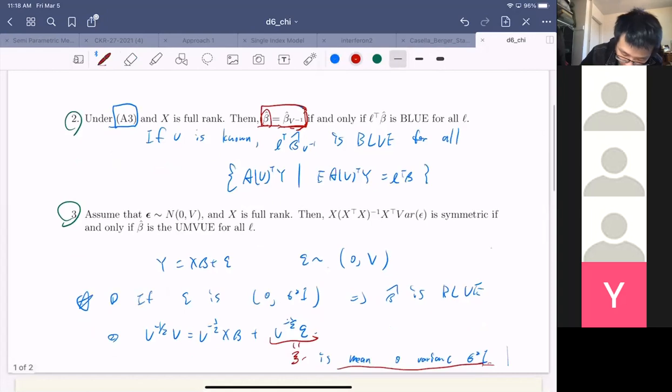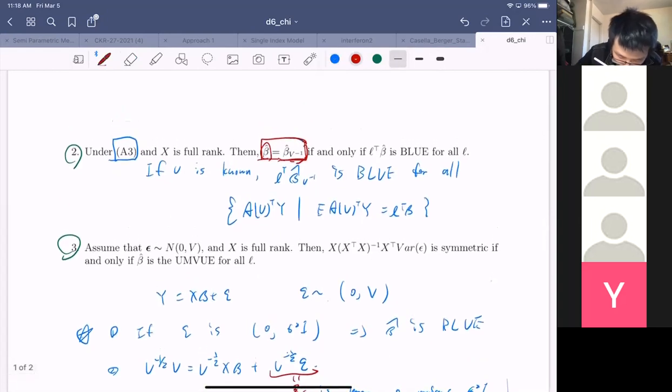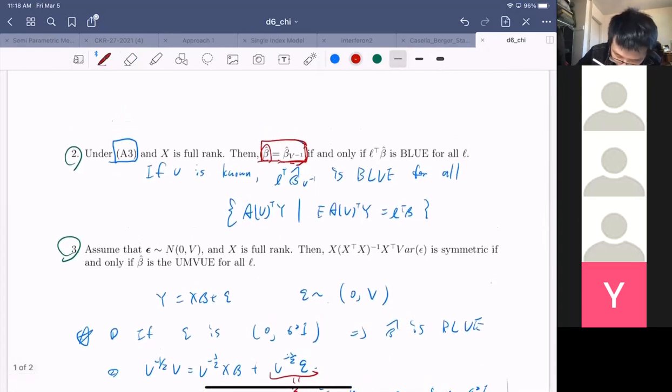But when we say this is BLUE, the candidate set is much smaller, so it's just this.